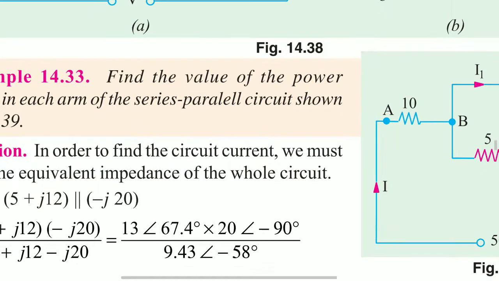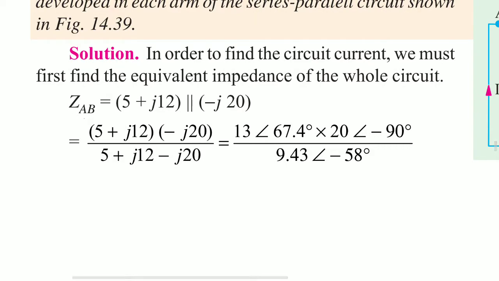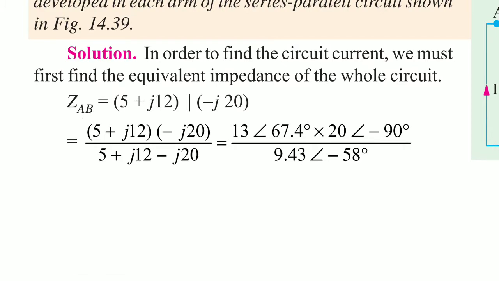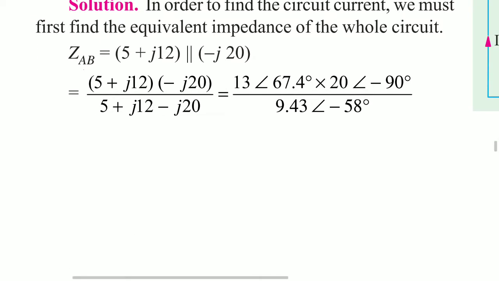So ZBC is 5 plus j12 in parallel with minus j20, that is equal to (5 plus j12) into (minus j20) divided by (5 plus j12 minus j20), that is equal to 13 angle of 67.4 degrees into 20 angle of minus 90 degrees, since minus j means minus 90 degrees, divided by 9.43 angle of minus 58 degrees.